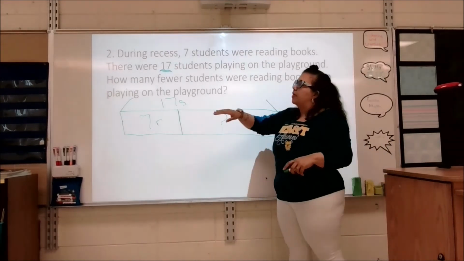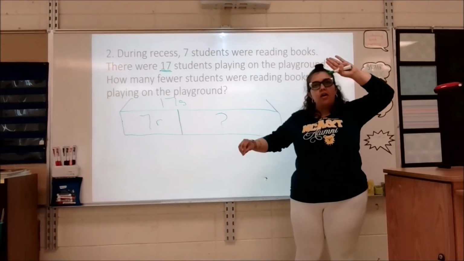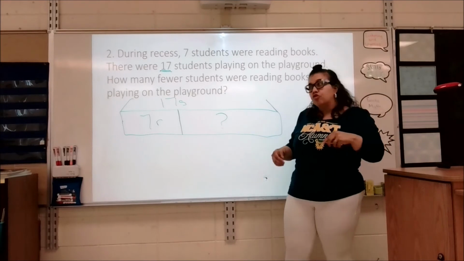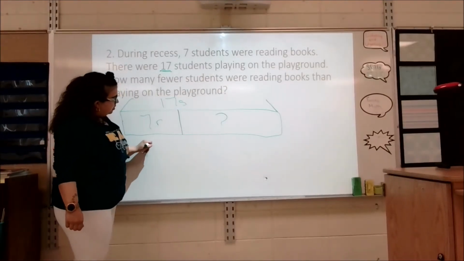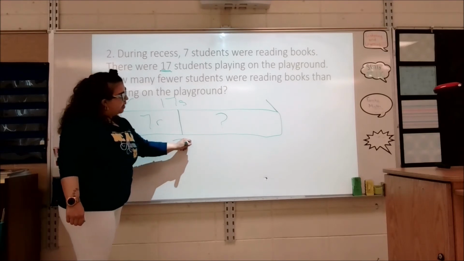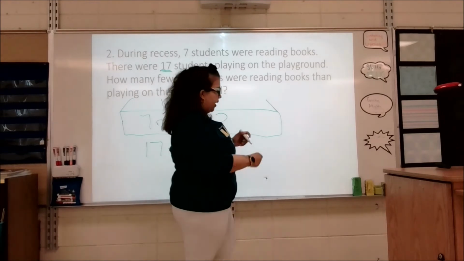Well, this one's a good one because this one lends itself to subtraction. 17 minus 7 lends itself to subtraction because we can find that missing part quite easily.